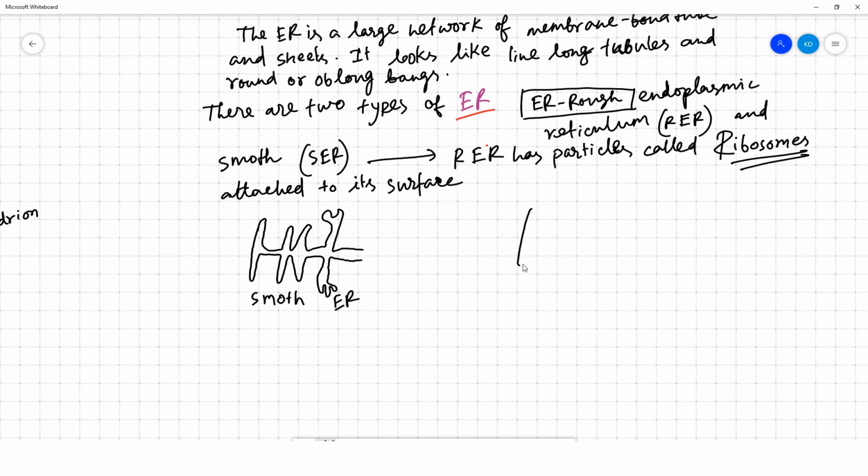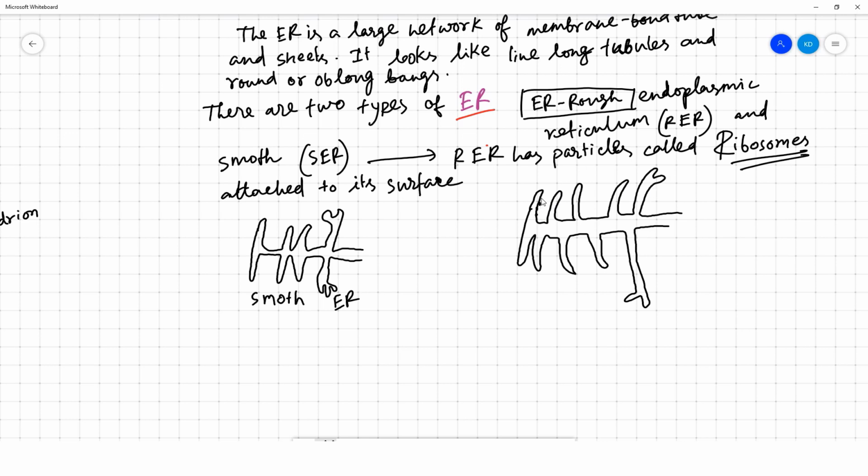Now I'm drawing the rough endoplasmic reticulum. Why is it called rough? Ribosome particles attached, so these black dots make this rough ER.